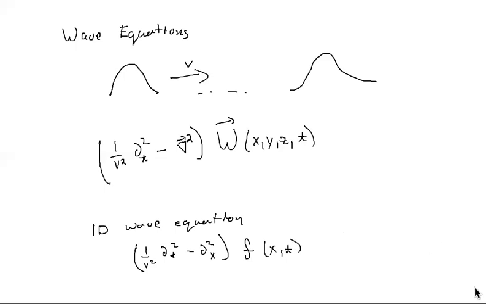So what this could represent might be, let's imagine that I have x, and it could be the height of a violin string as a function of x. So you could imagine that the height of this violin string could change as you move in x or time. It's called a 1D wave because it only propagates in one spatial dimension.